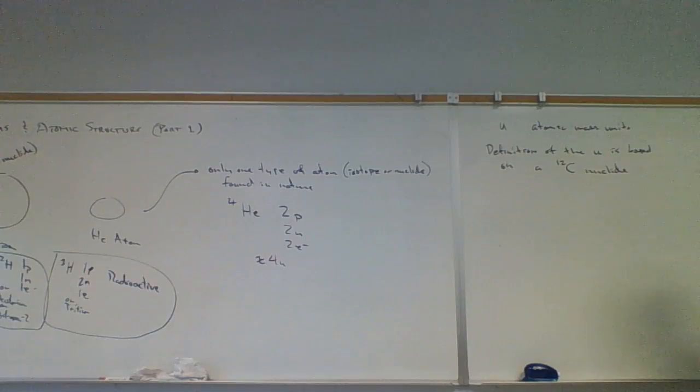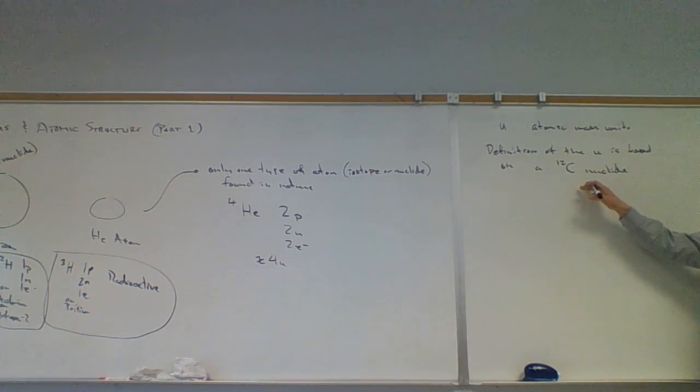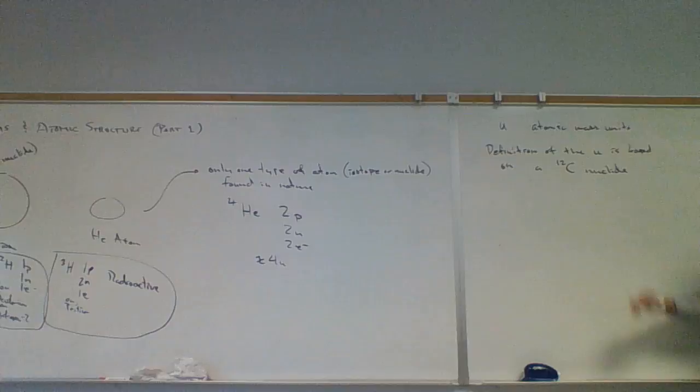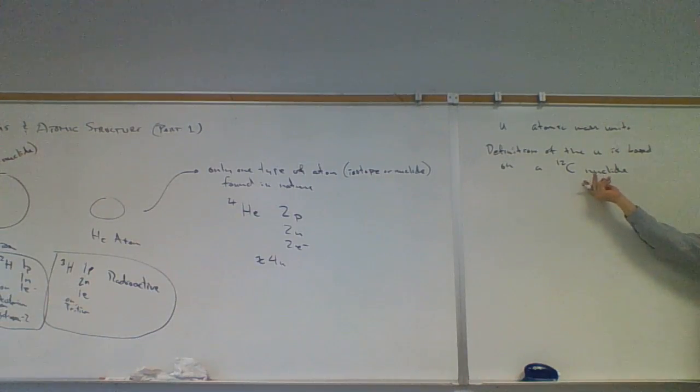And so typically when we think about carbon in nature, we think of carbon-12 and carbon-13, because how much of our body is made up of carbon-14? A very, very minute amount. Carbon-12 is the most abundant. It turns out it's more like 99.8% of all carbon is carbon-12.